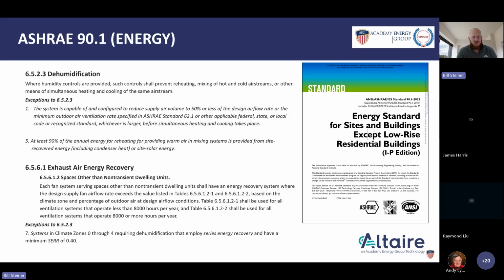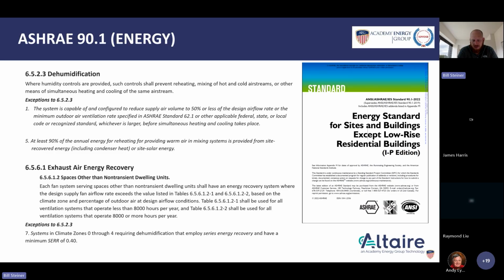So, we talked about this a little bit already, but ASHRAE 90.1, how is this compliant with ASHRAE 90.1, which is the standard for energy efficiency? So first of all, when we look at 6.5.2.3 for what is allowed for dehumidification, you're not allowed under ASHRAE 90.1 to do simultaneous heating and/or cooling of the same airstream.